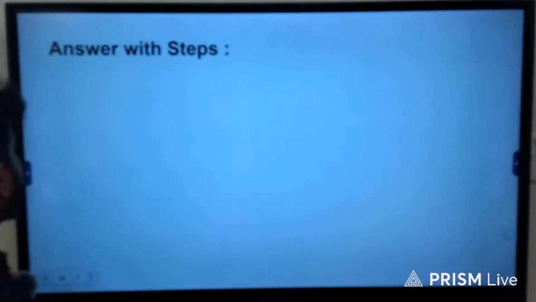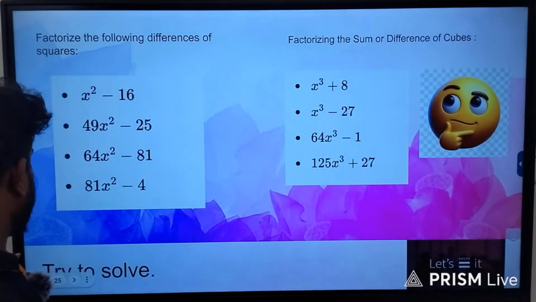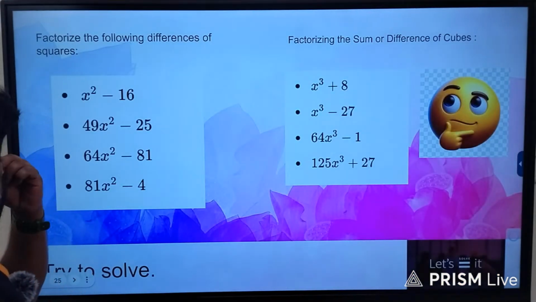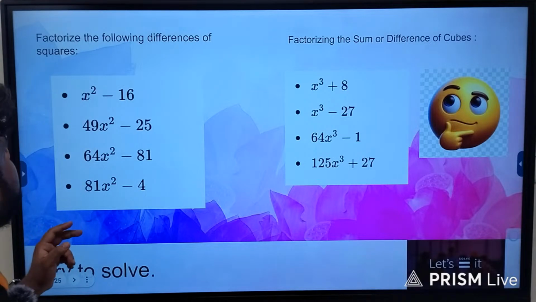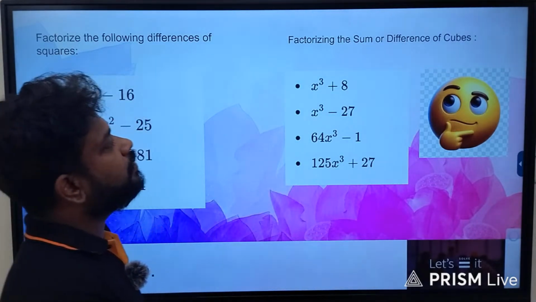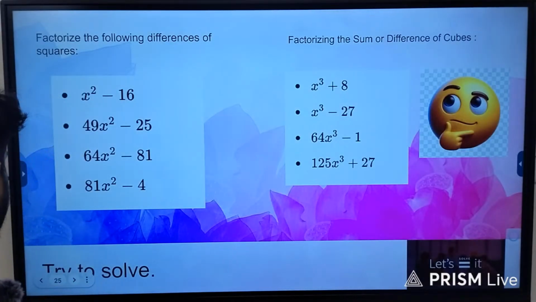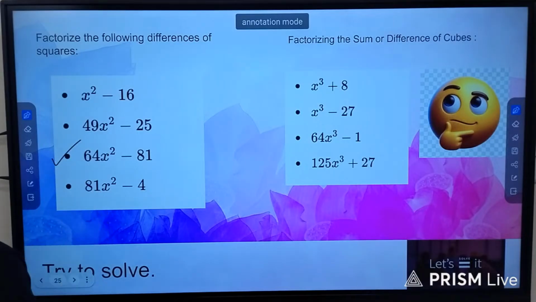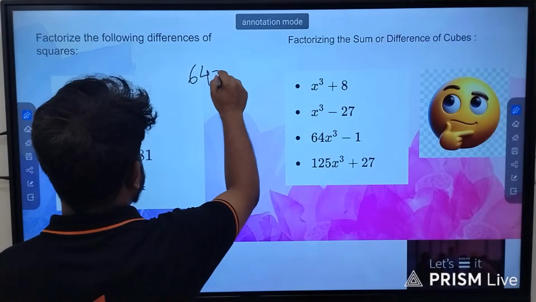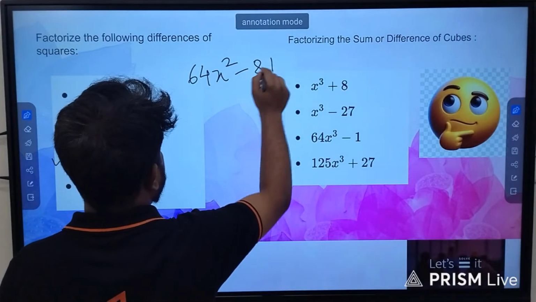Okay, the next one. Now factorize the following differences of squares, and also the sum or difference of cubes. Let's do this one first, 64x square minus 81.